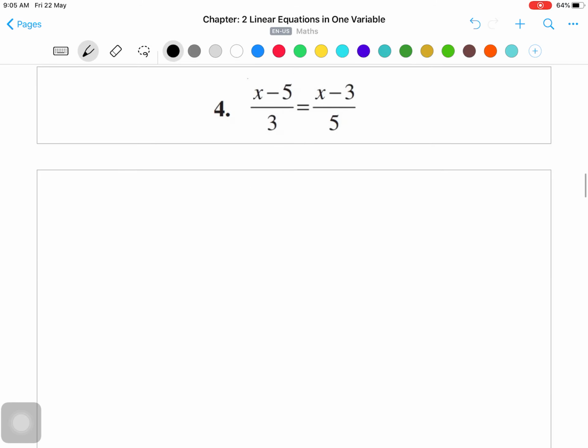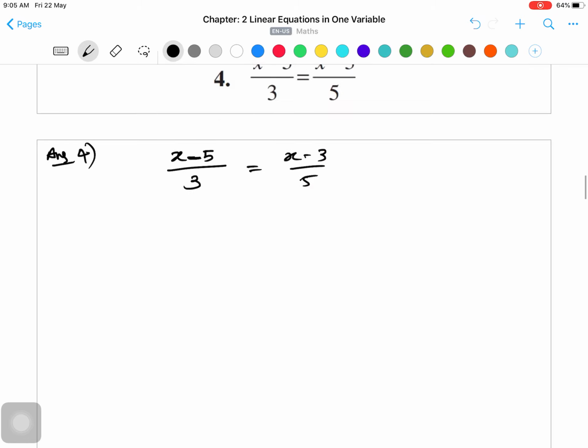Moving to the next one, we have equation number 4, which is x minus 5 by 3 equals to x minus 3 by 5. So in order to solve this, we'll do the cross multiplication.